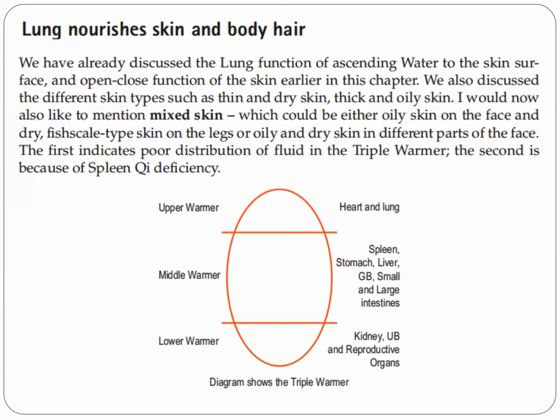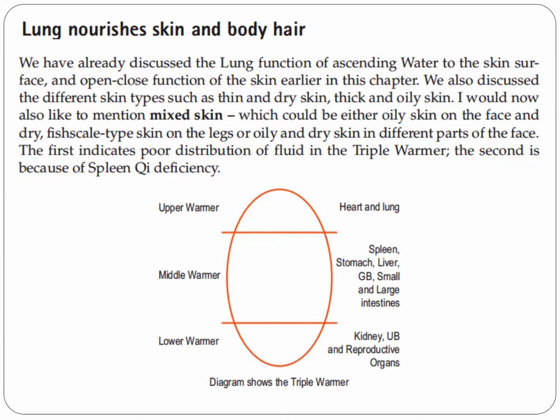The author now would also like to mention mixed skin, which could be either oily skin in the face and dry fish scale type skin in the legs, or oily and dry skin in different parts of the face. The first indicates poor distribution of fluid in the triple warmer. The second is because of spleen chi deficiency.